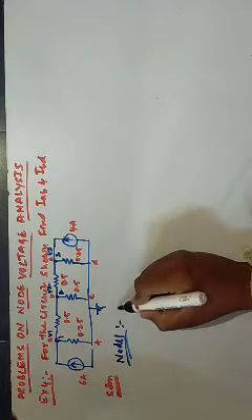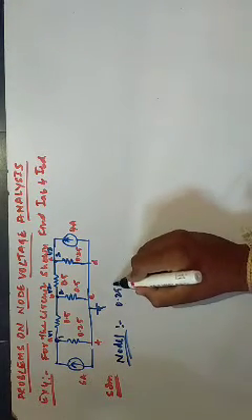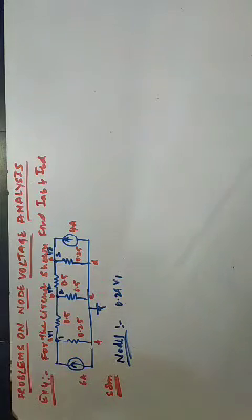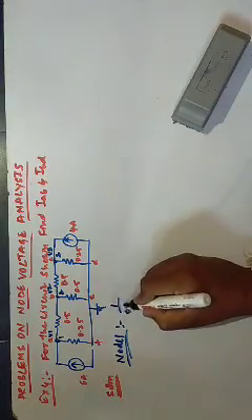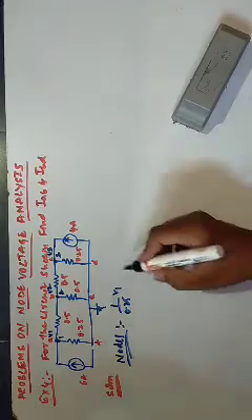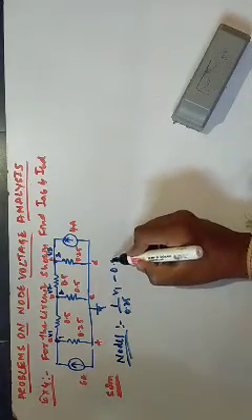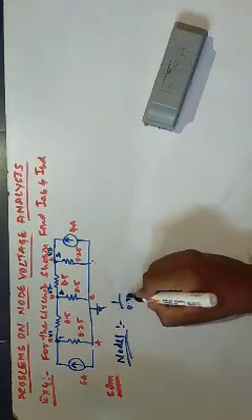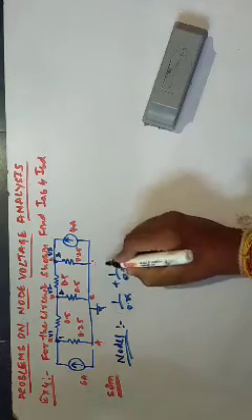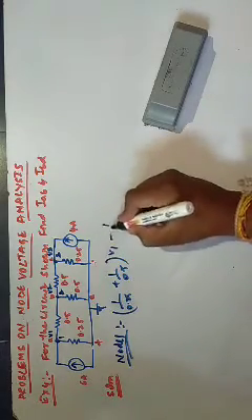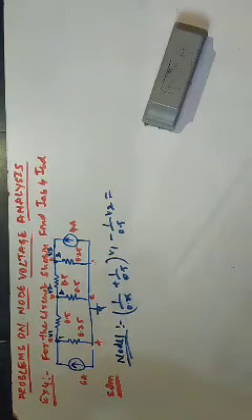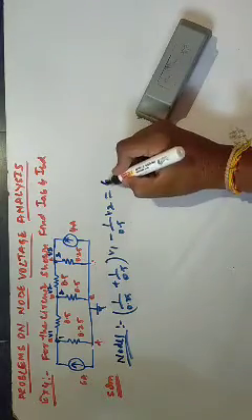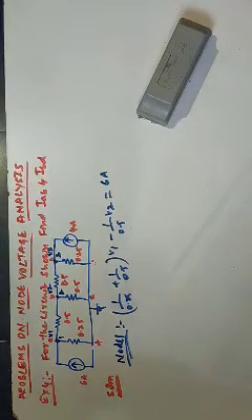So I can write the equation: 1 by 0.25 plus 1 by 0.25 into V1 minus 1 by 0.5 V2, and here the 6 ampere current is towards the node, so you have to consider plus 6 ampere.